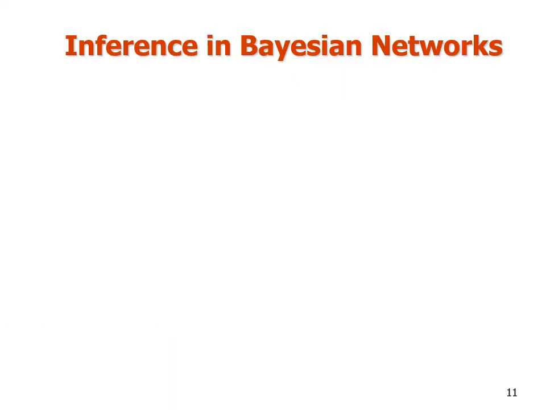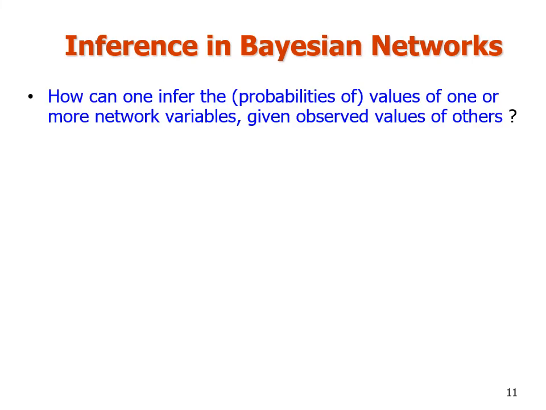Now, once the Bayesian network is built, the question remains: how can we infer the probabilities or the values of one or more network variables given the observed values of other variables?